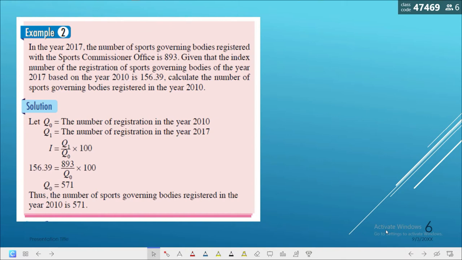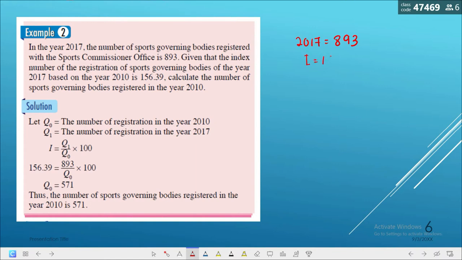So in the year 2017, the number of sports governing bodies registered with the Sport Commissioner Office is 893. So you put here 2017 is 893. Then, given that the index number of the registration of sports governing bodies of the year 2017 based on the year 2010 is 156.39, here they already give you the index.